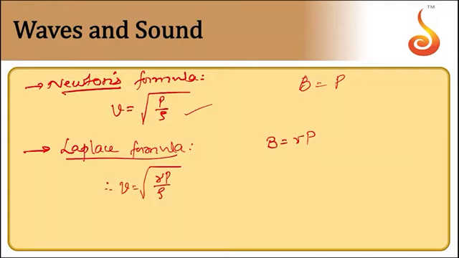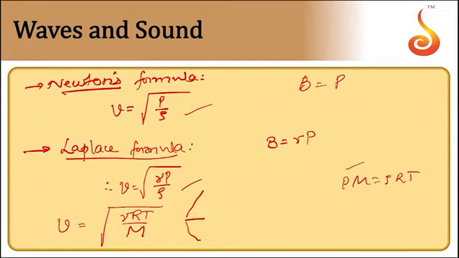And this equation provided the correct picture of the speed of sound in a medium, and it is in agreement with the experimentally obtained value as well. This equation can also be written in a slightly different format. Gamma P divided by rho can be written as gamma RT divided by M. You know that PM is equal to rho RT, right? So P can be written as rho RT divided by M, hence gamma RT divided by M.